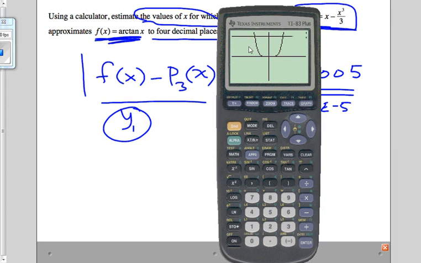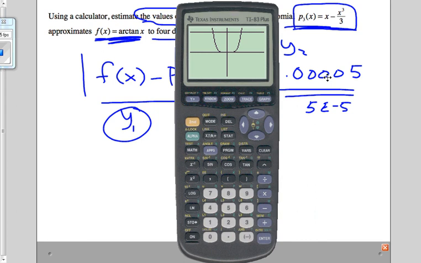And what we see is for all values of x in this range, the error of my polynomial function, f of x minus p sub 3 of x, is going to be less than 0.00005. So we need to find these two values. So let's do a second calc intersection.